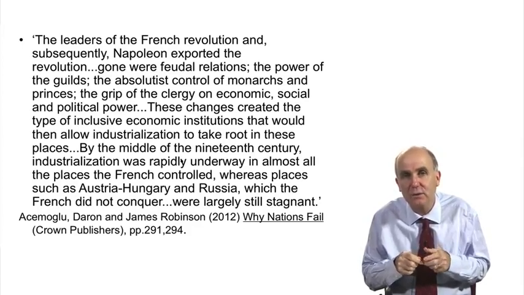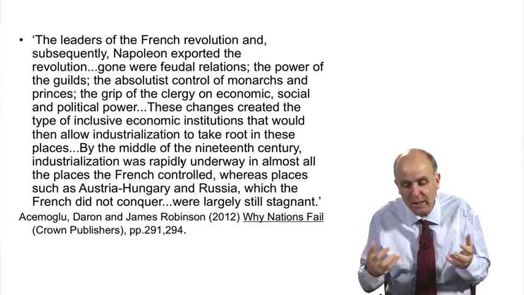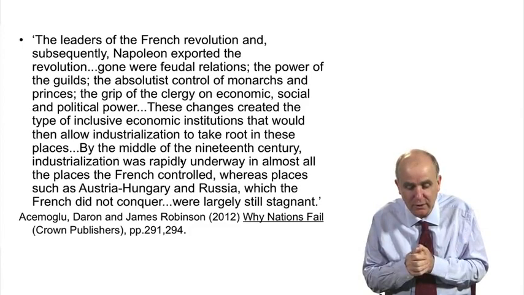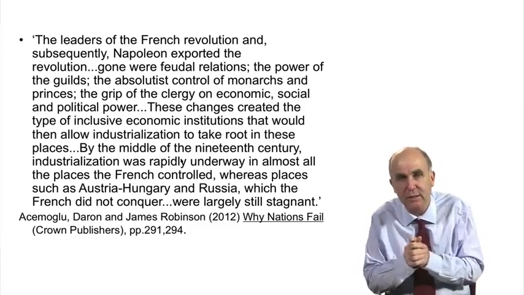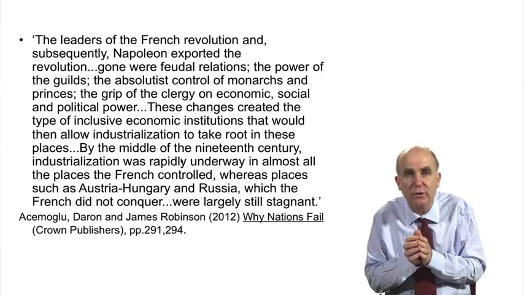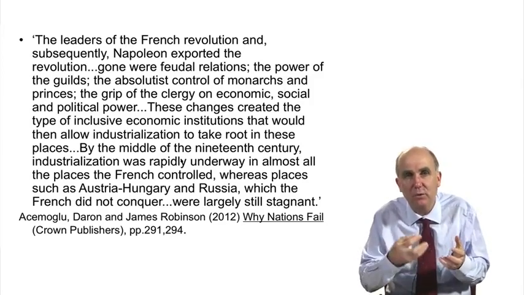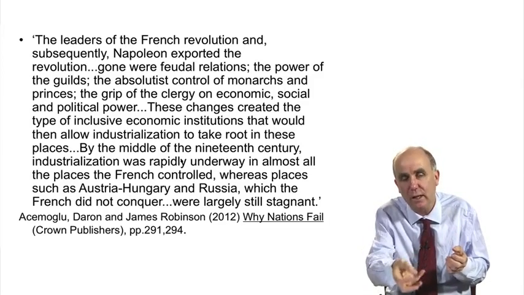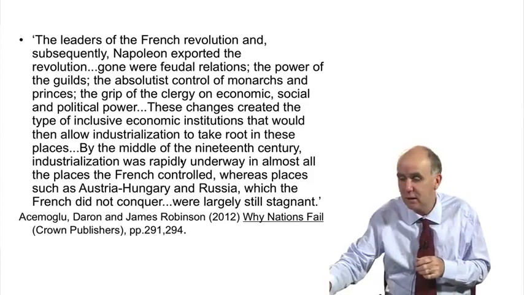And what that did was to allow the creation of economic institutions that provided the basis for industrialisation. And so their study of the French Revolution argues that you can observe a much more rapid rate of industrialisation in areas that the French controlled, where they made these changes in institutions, than in other areas where that didn't happen.